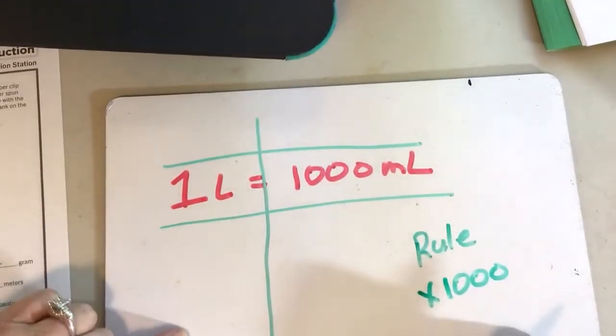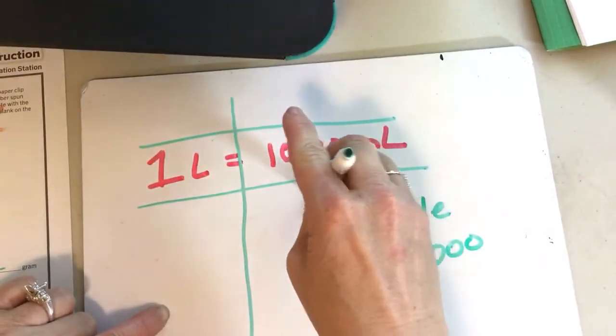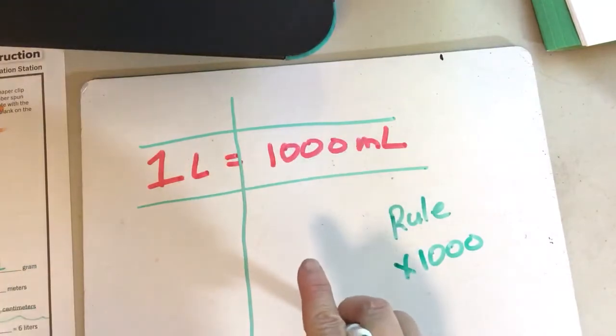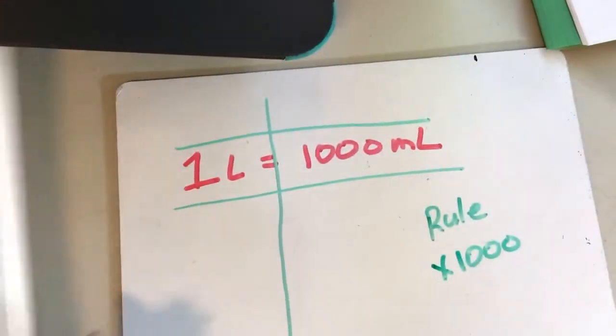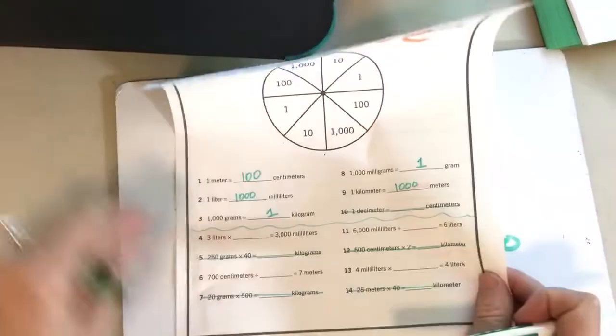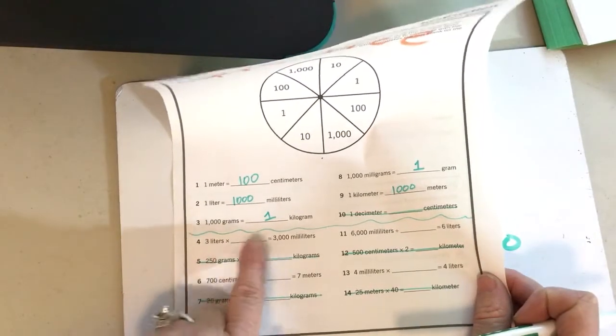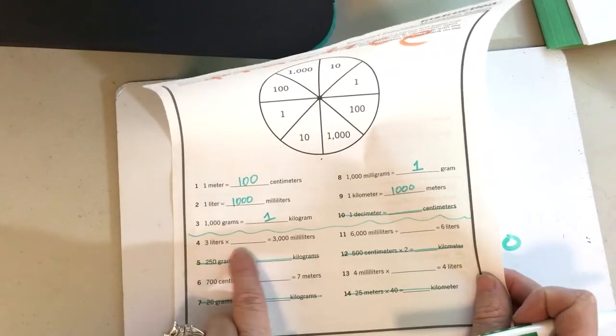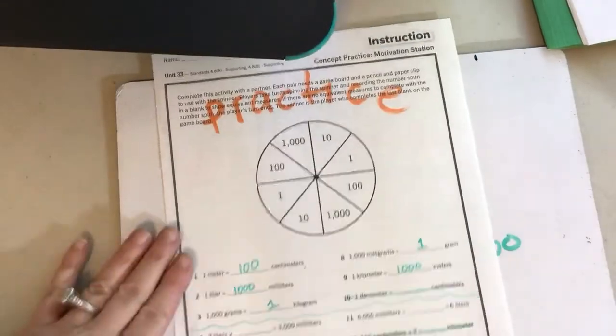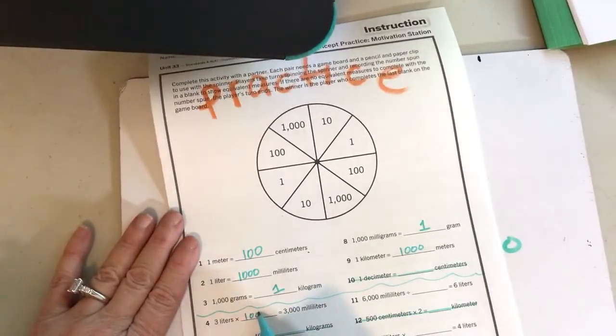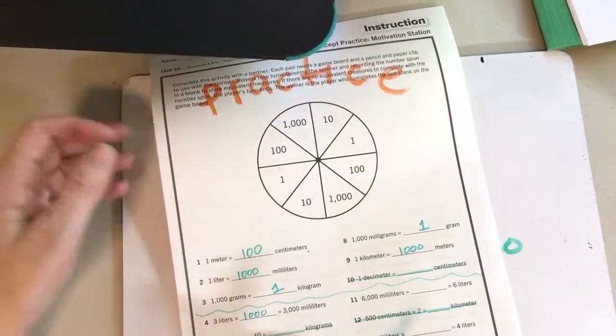Whatever number is here, you multiply times 1,000 to get it over here. So if we're looking for an answer like 3 liters equals 3,000 milliliters, what was the rule? The rule was to multiply it times 1,000, and that's how we figured out the milliliters.